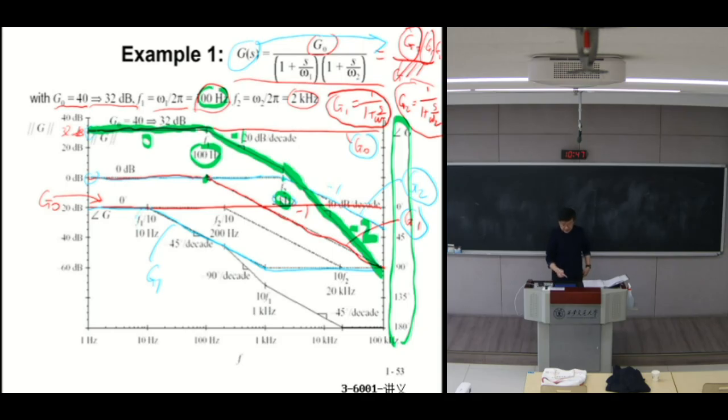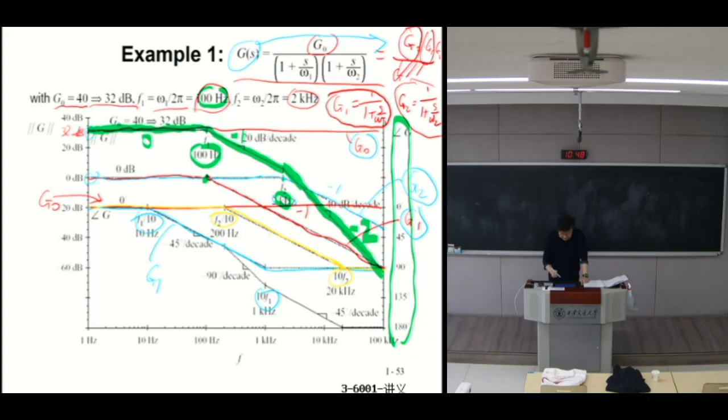Remember, 1/10 of F1 and 10 times F1 are the two turning points for the phase angle. Similarly for G2, low frequency 0, high frequency -90 degrees, and in between you use a straight line to connect 1/10 of F2 and 10 times F2.